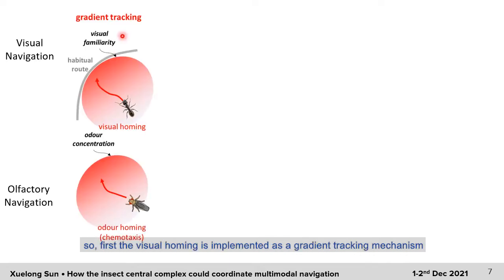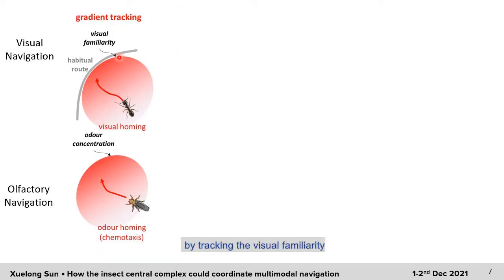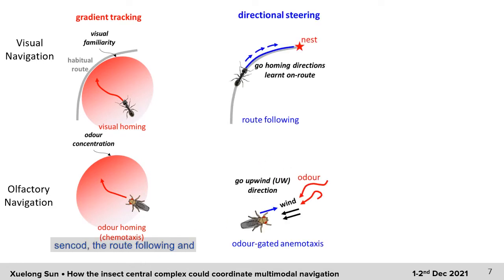So first, visual homing is implemented as a gradient tracking mechanism by tracking the visual familiarity. If we adapt visual familiarity to odor concentration, then chemotaxis behavior could be generated. Second, road following and odor-gated animal taxis share the same mechanism, as they both drive the agent to a specific direction encoded as the goal.